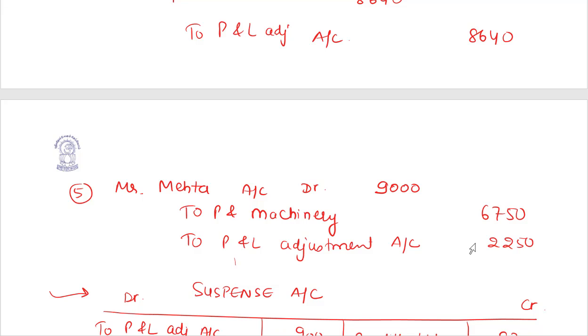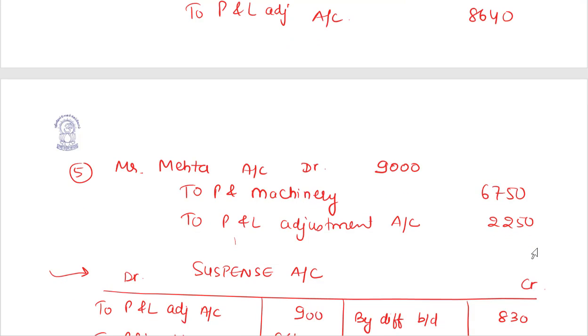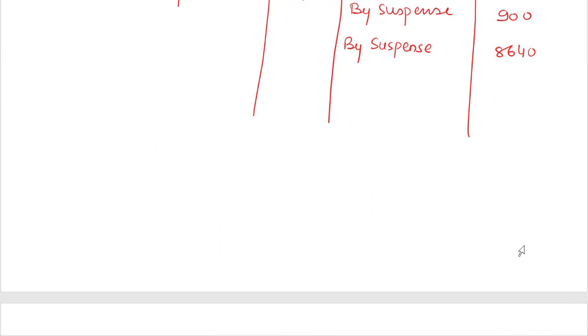Over here P&L adjustment account is there, is entry number 5. So we will record it as Mr. Mehta on the credit side of P&L adjustment account 2250. 2250 by Mr. Mehta. I think it is clear.